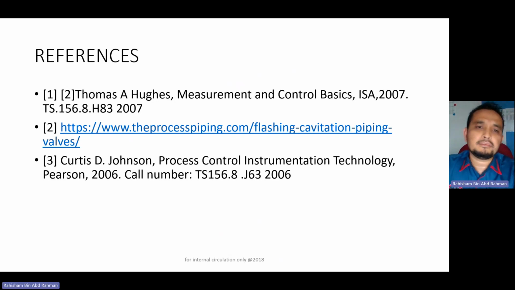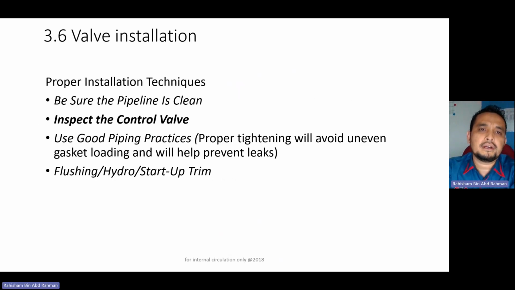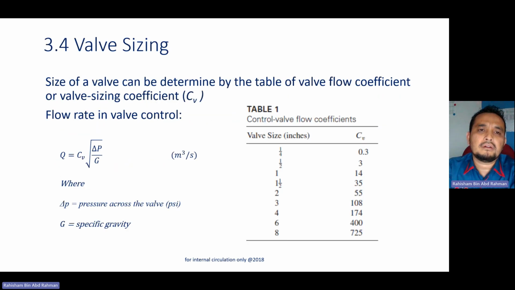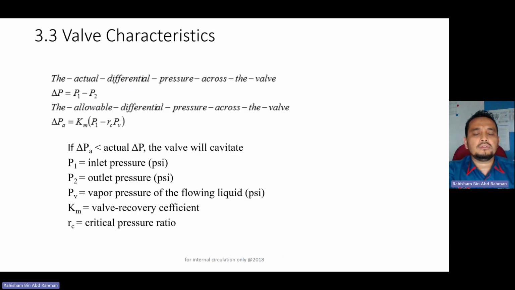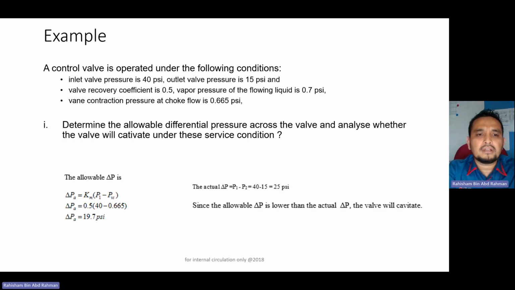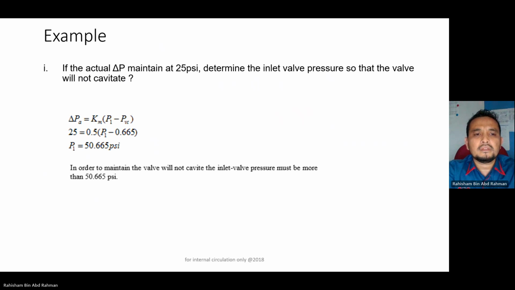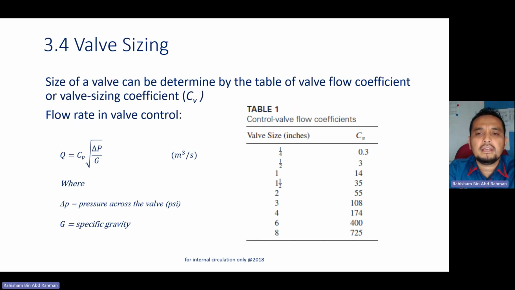Okay, that's about it for some valve issues. As we can see here, flashing and cavitation, and how to avoid that. We need to do simple calculations to decide the valve coefficient, which allows us to use the right sizing of the valve.